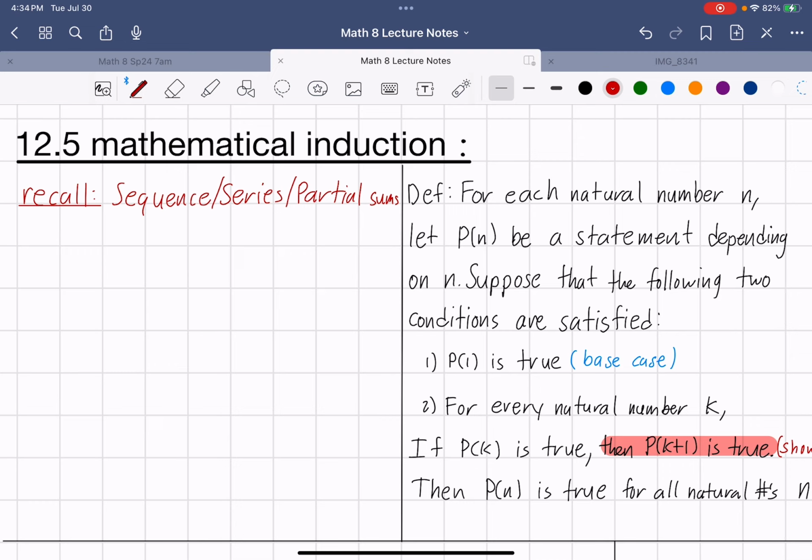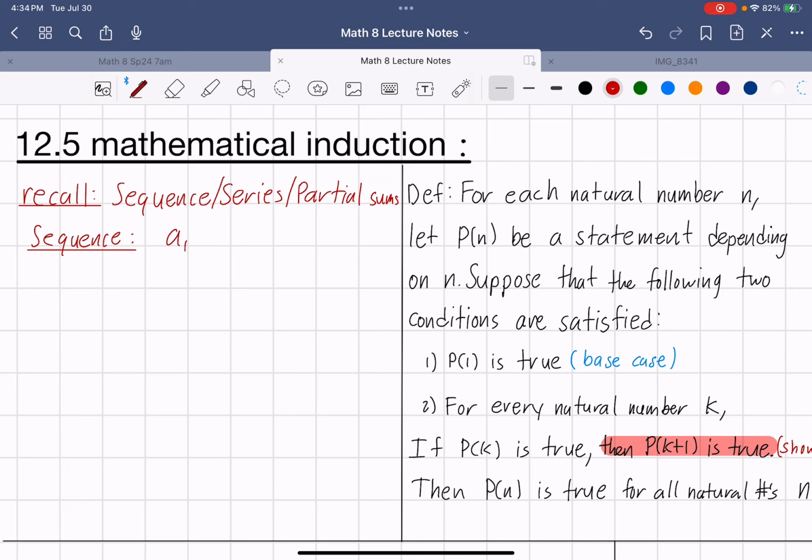So, really quick, a sequence is really just a collection of objects. But since this is a math class, the objects are numbers. There's notation for these numbers, right?